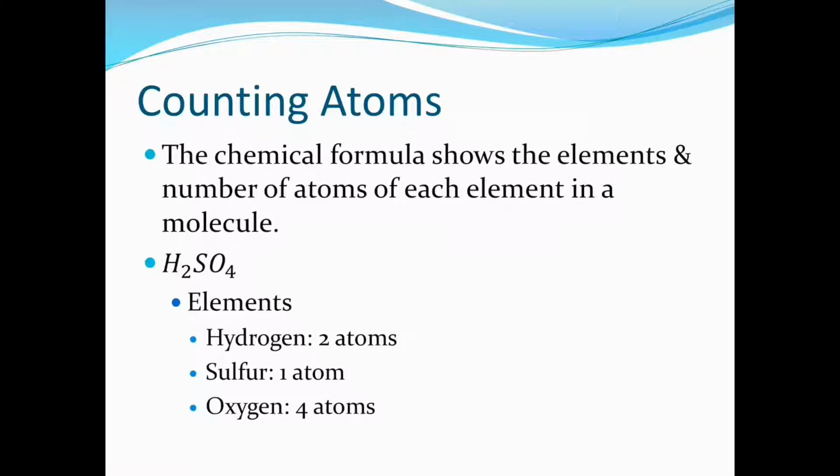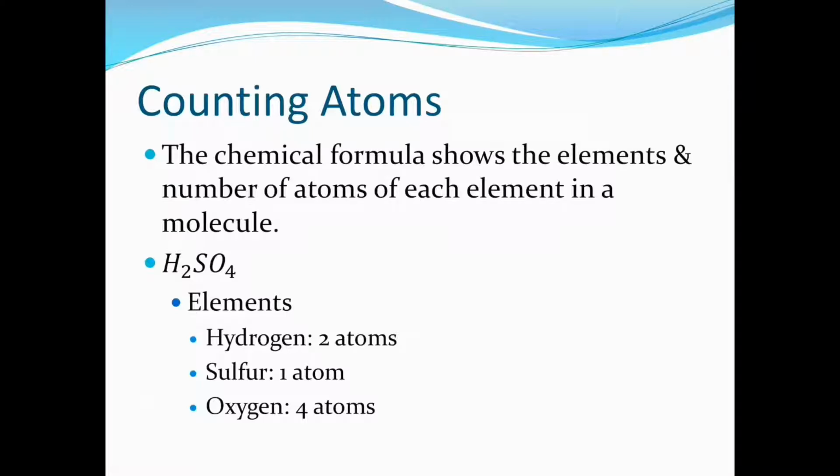So we've already counted atoms, but I wanted to give you a little bit of a refresher because we are going to be balancing, which involves a lot of counting atoms. Chemical formulas show the elements and the number of atoms of each element in a molecule.